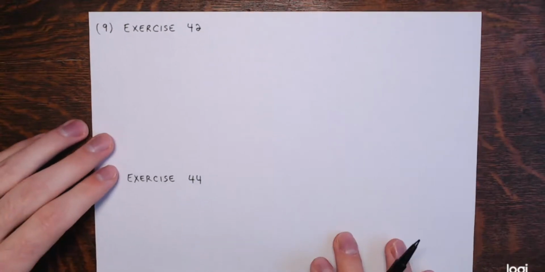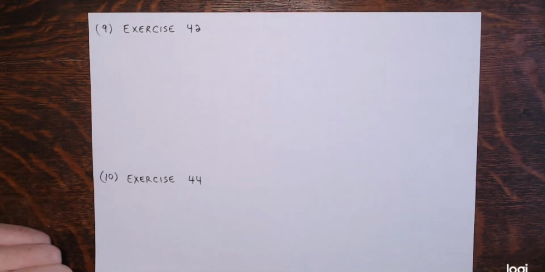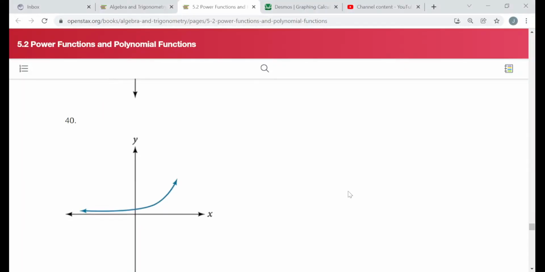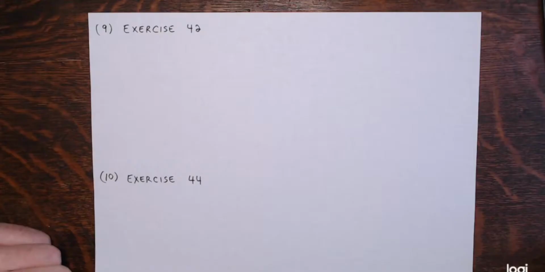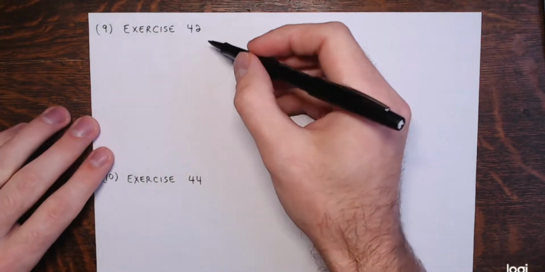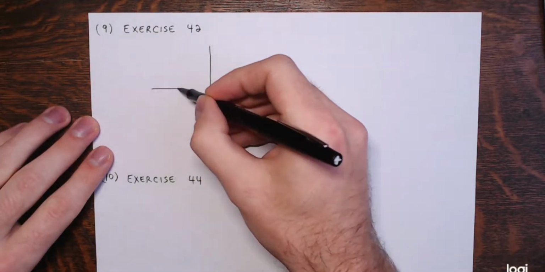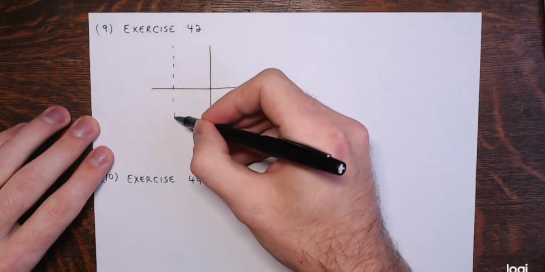All right, and this is my last page. I've got just 2 more exercises I want to do from the text. Exercise 42. All right, so remember what I said about no asymptotes. This has vertical asymptotes. So there's this vertical line here, vertical line here.